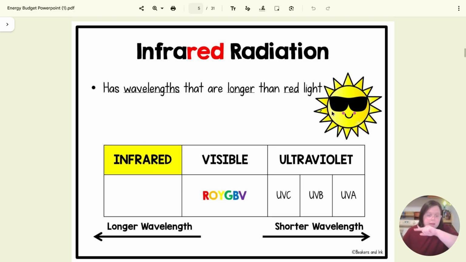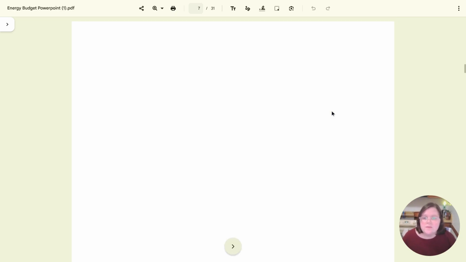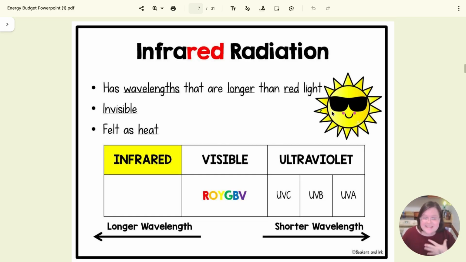And remember that a wavelength was how far between the two wave tops, right? So the red are kind of a softer one and the purple or violet are more straight up and down, right? So infrared is invisible and we feel it as heat. An infrared camera shows us where heat is coming from, okay?